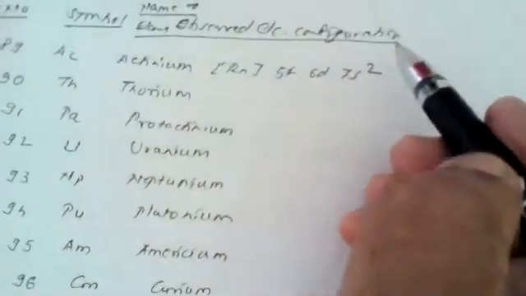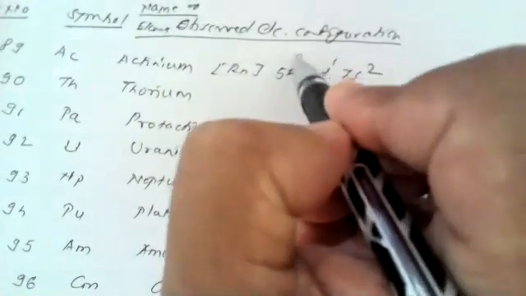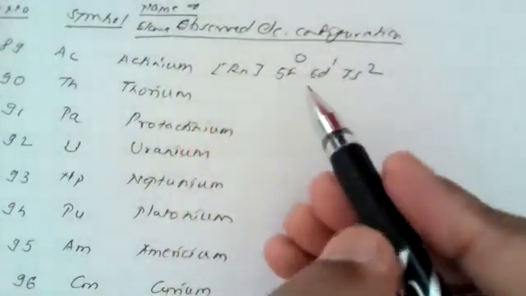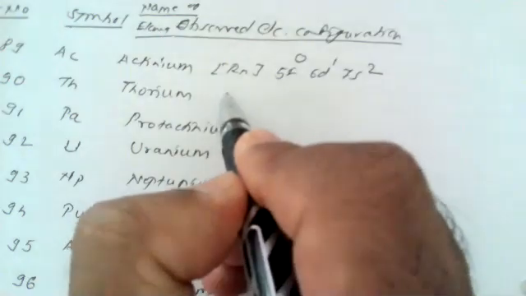This should be noted. Now you have to write in your notebook the electronic configuration for actinium like this. For actinium, radon, 5f, 6d, 7s, 7s2, as we know, 6d1, 5f0, just now we have seen. You have to write this.